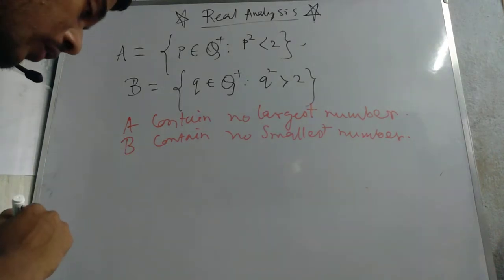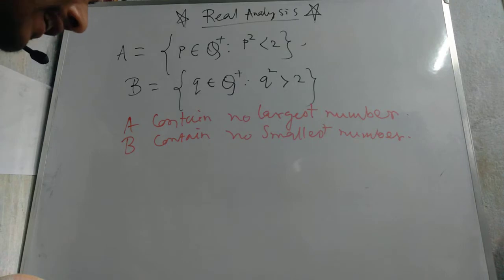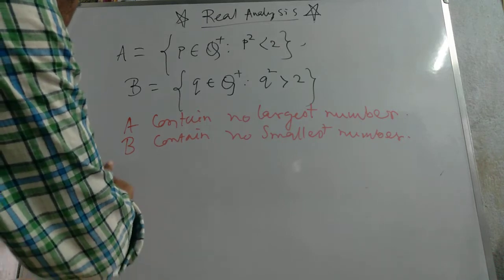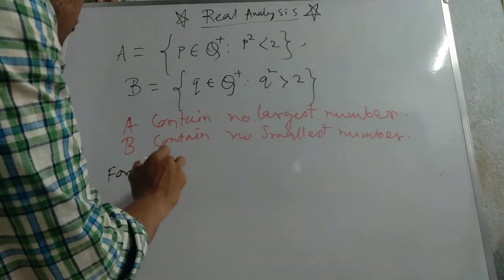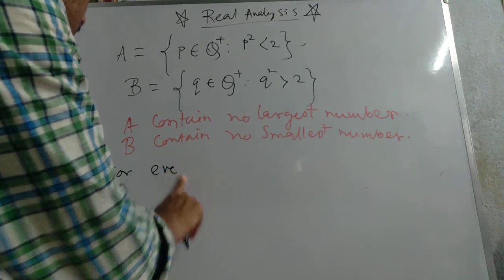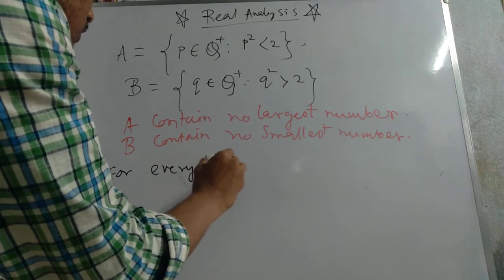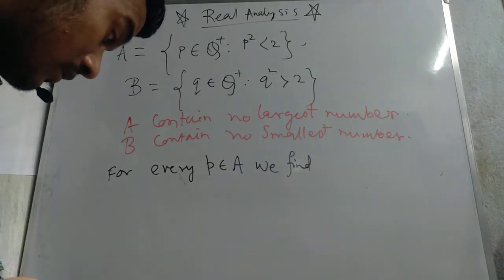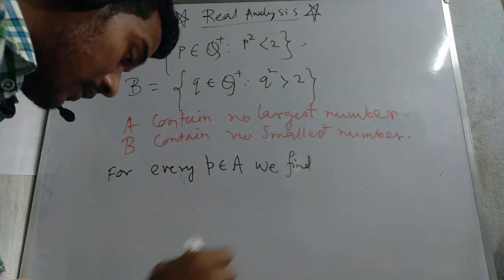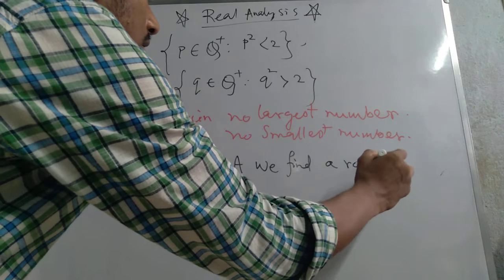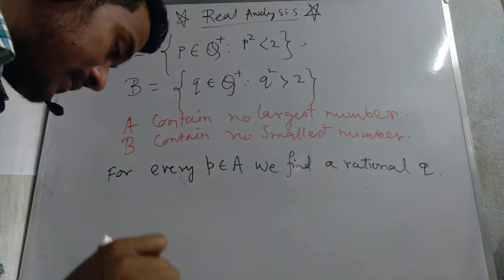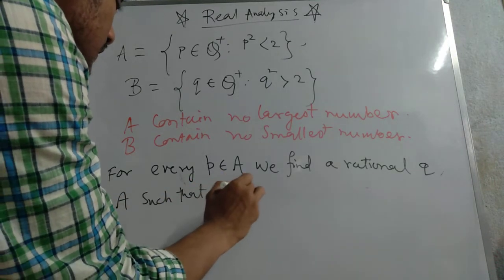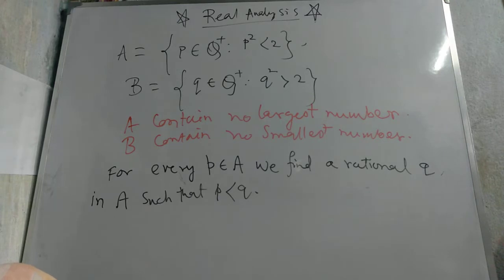For every p belonging to A, we find a rational q in A such that p is less than q.